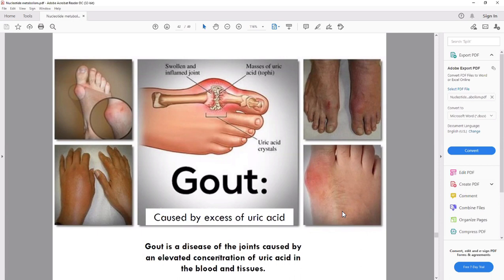In severe conditions, it's going to affect your ability, especially in the joints, to carry out your normal activity as usual. I am sure it will severely affect your ability when you have this problem with swollen, inflamed joints.